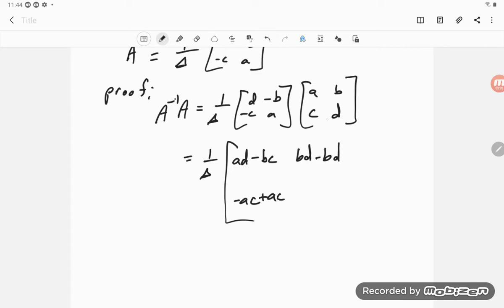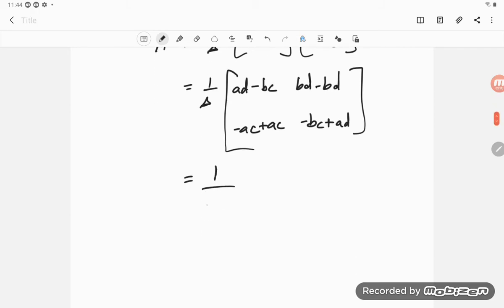And we get minus BC and a plus AD. And so this is 1 over, and remember delta was AD minus BC, and this is times AD minus BC, a 0, and an AD minus BC.